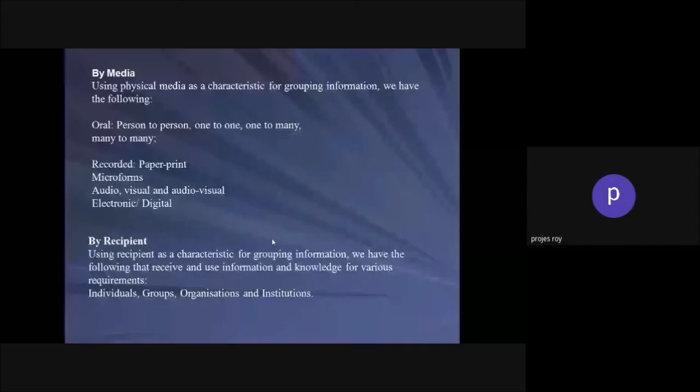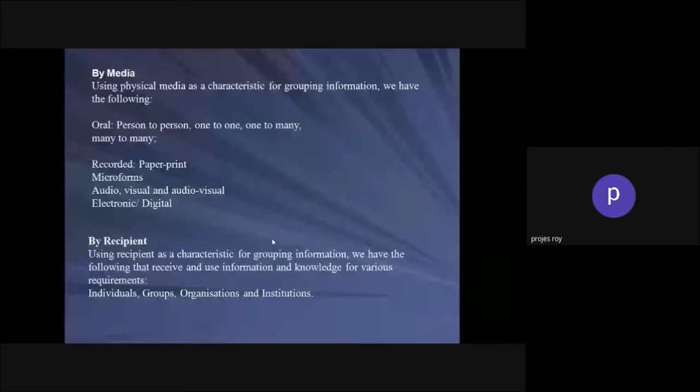Using physical media is a characteristic for grouping information. We have the following: oral, person to person, one to one, one to many, many to many. Then recorded: paper print, microfilm, audio, visual and audiovisual, electronic and digital.